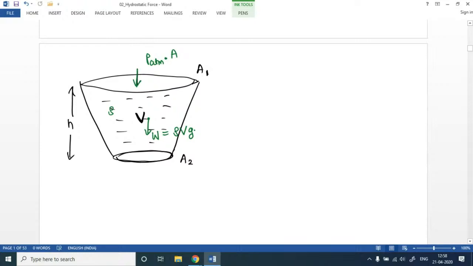So the net force applied by the container on the liquid, FLC, that would be in vertically upward direction, and its magnitude would be nothing but the sum of these two quantities, and that is going to be simply P ATM into A1 plus rho V g.